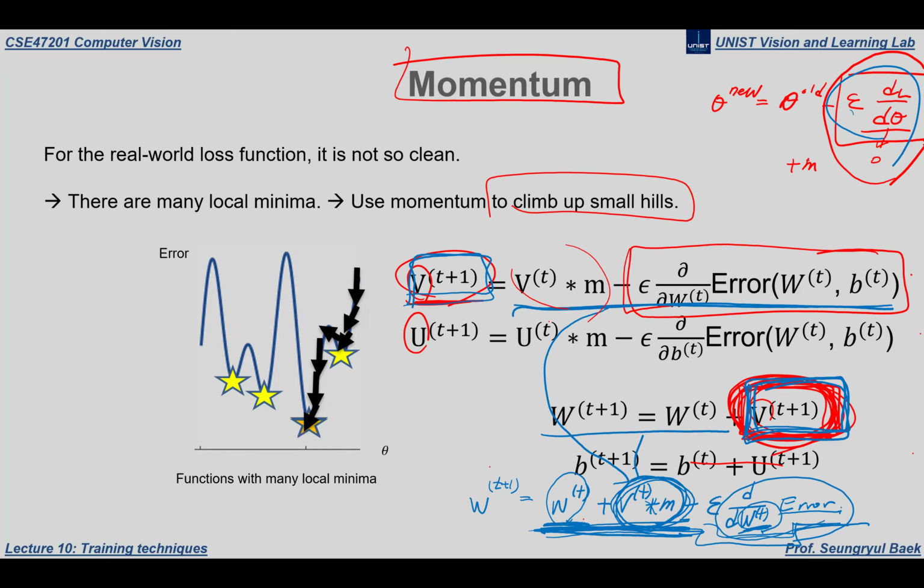Even in the case where the gradient suddenly becomes zero, without momentum the optimization stops there. But thanks to this small term that retains the previous gradient, we can climb up the small hills.